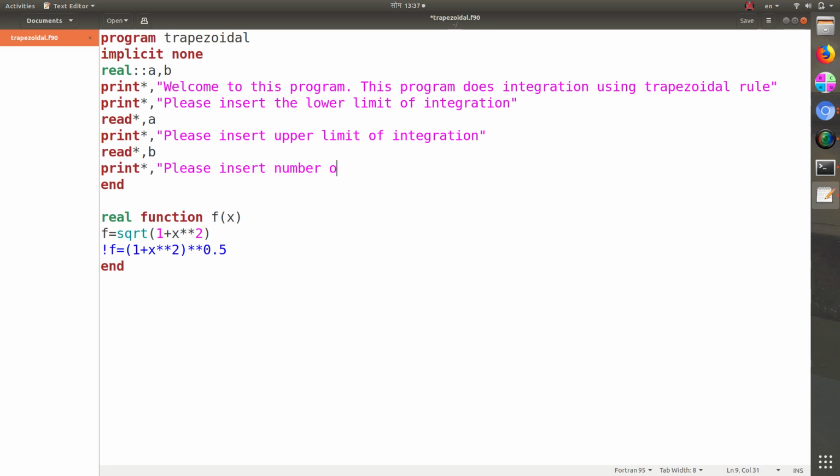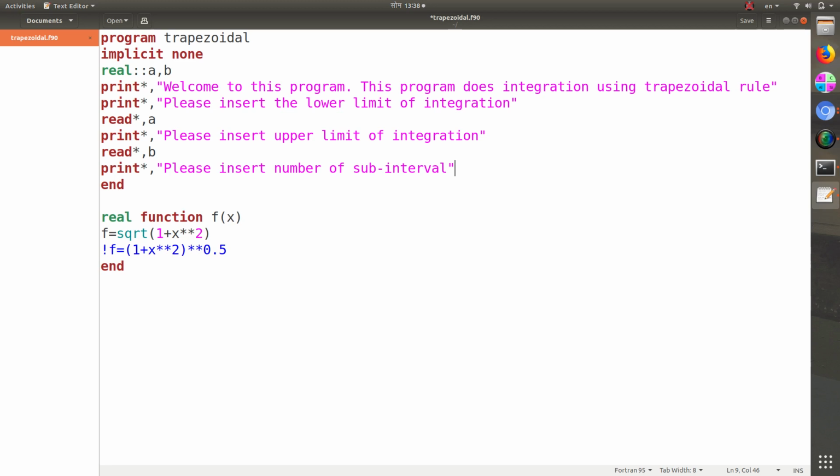Make sure that to have the right answer, you need to have the number of sub intervals as large as possible, because for a very large value of n, that is for a very small value of width, the function can be assumed to be linear. Otherwise it may contain some error. So use a large value of n as much as possible and use a value of h as small as possible, where h is nothing but the width of the subinterval, right?